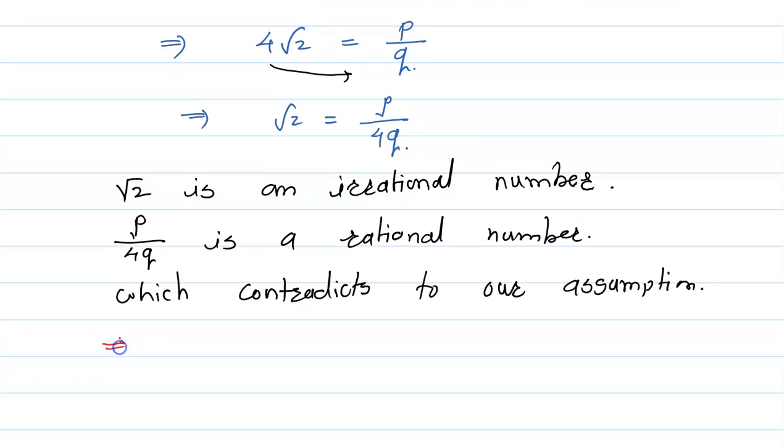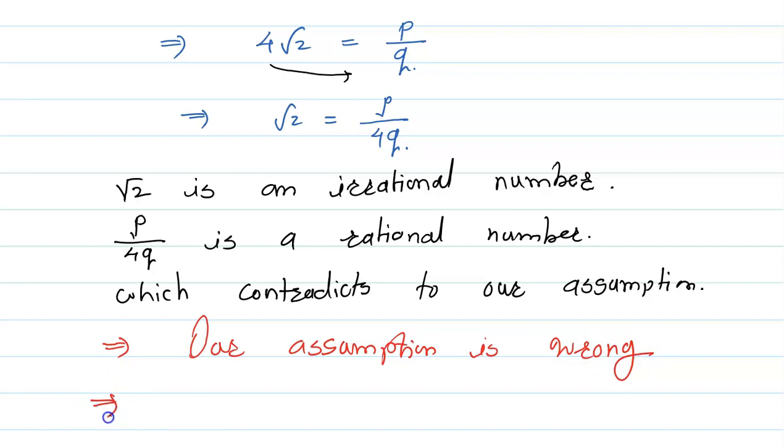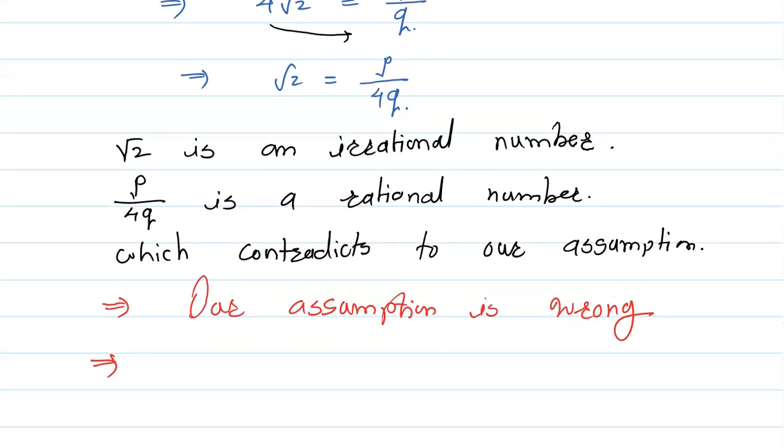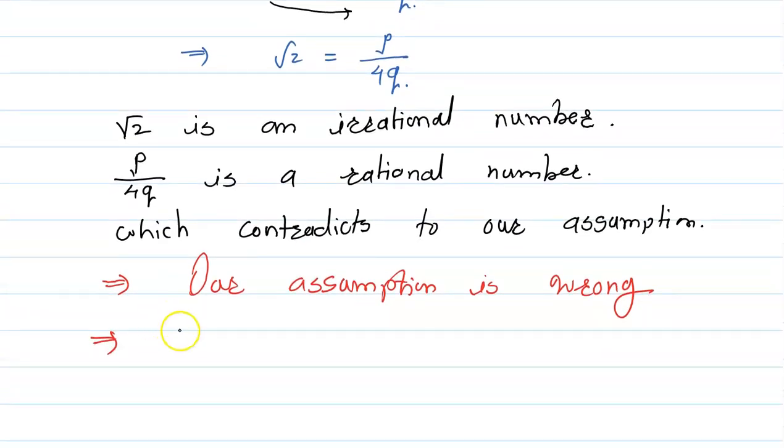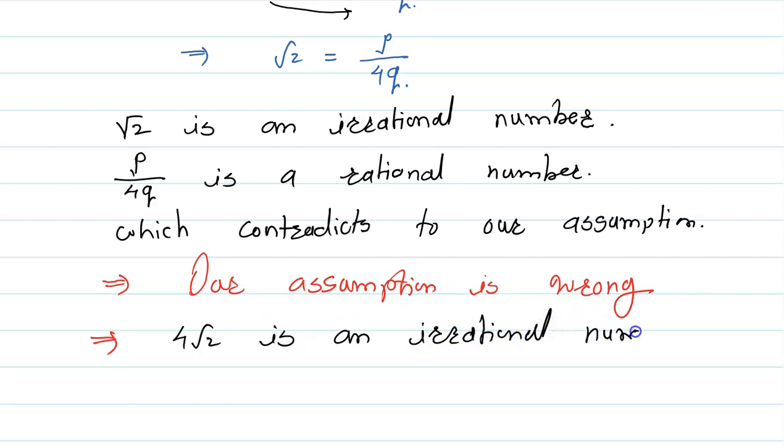So our assumption is wrong. That means, once it is not not an irrational number, the true statement is that 4 times root 2 is an irrational number. So hence we have our proof.